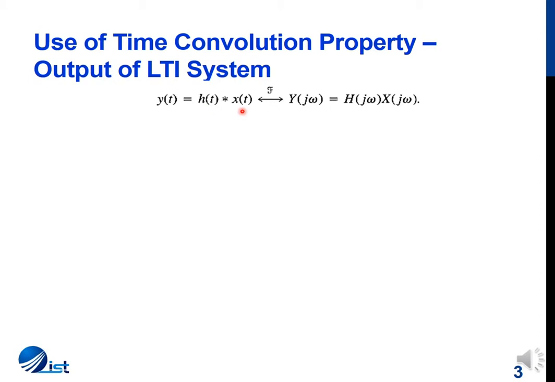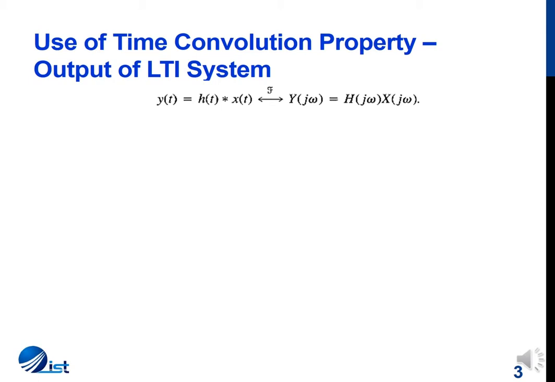So the Fourier transform of the output would be h of j omega, which is the Fourier transform of the impulse response, and x of j omega, which is the Fourier transform of the input. So the Fourier transform of the output will be a product of the Fourier transforms of the impulse response and the input.